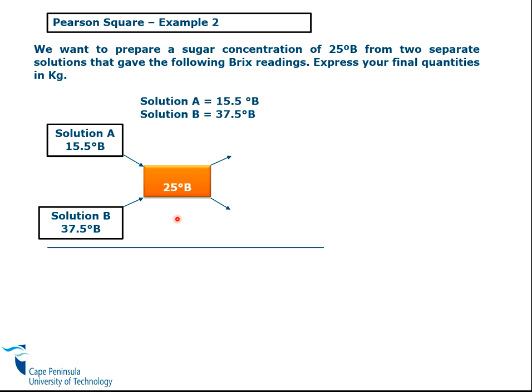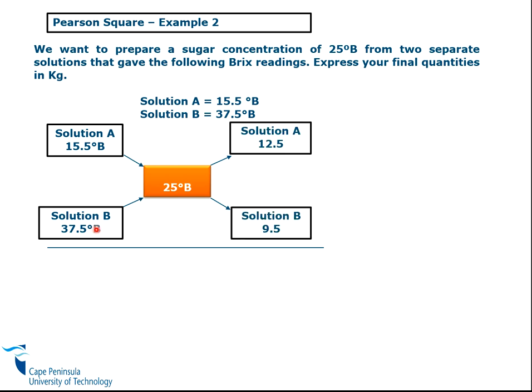So at the end of the day, you have solution A 12.5 parts and solution B 9.5 parts. Then the overall parts that you have for your solution is 22 parts. So what are the quantities or ingredients required?